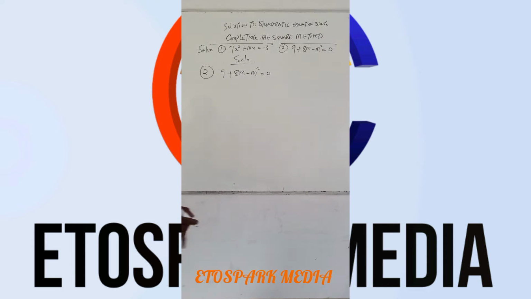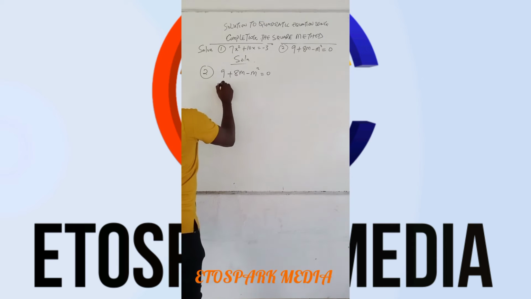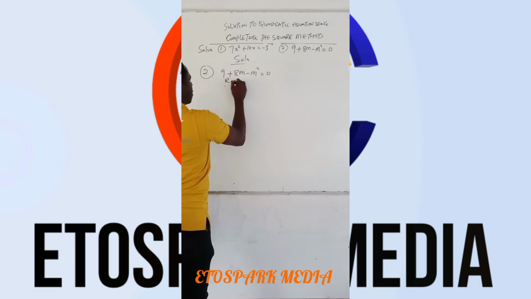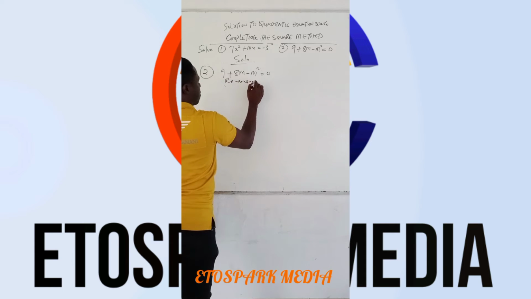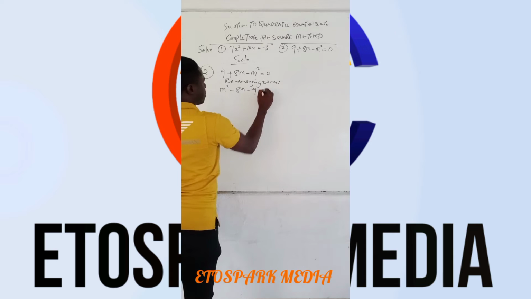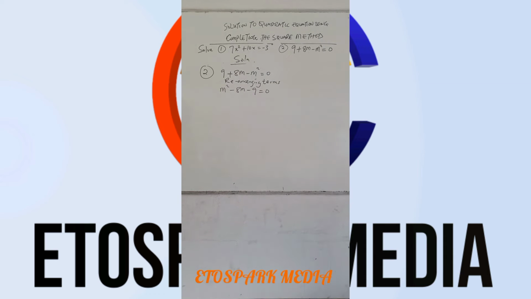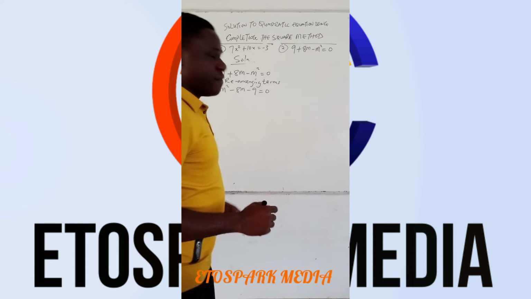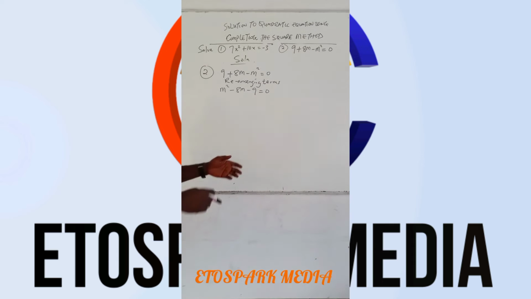By rearranging terms so that we have a positive m squared value, we have m squared minus 8m minus 9 equals 0. This is our rearranged terms.